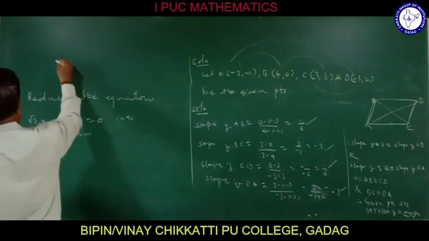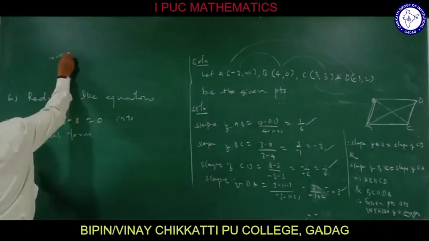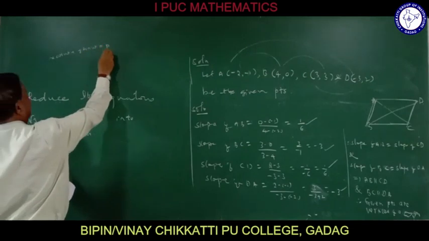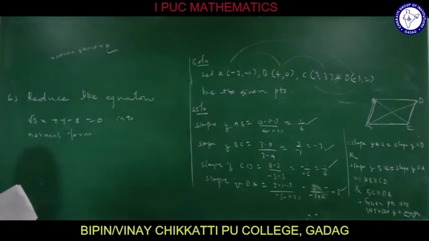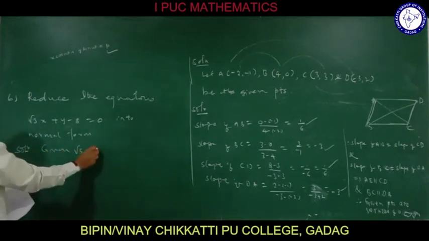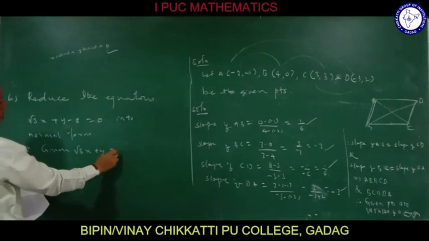What is the normal form? x cos omega plus y sin omega is equal to p. This is the normal form. So here you have to write the given root 3x plus y is equal to 8.